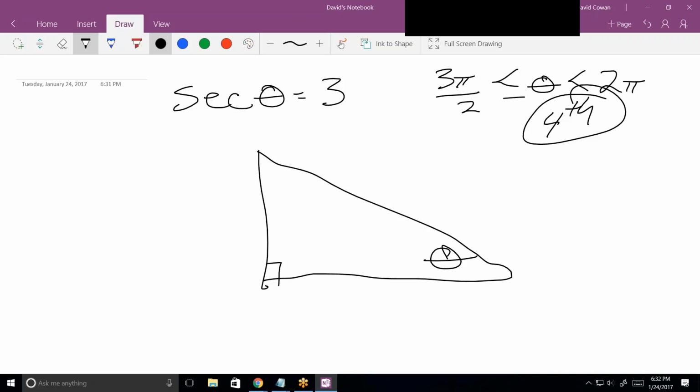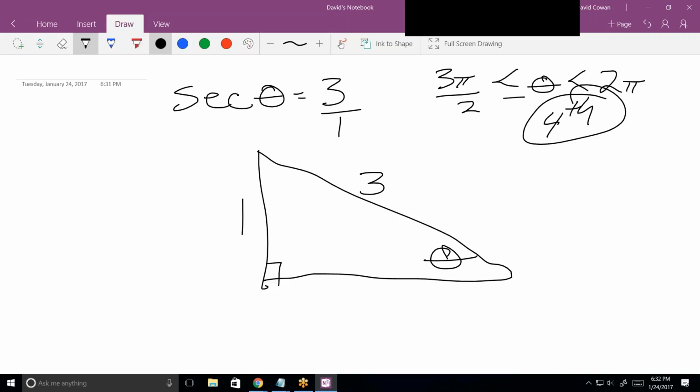Now, what dimensions can you give me on this triangle? Do you know the hypotenuse? They told you that the secant of theta was 3, which is the same as 3 over 1. Right. So the hypotenuse is 3. Okay. Which side is 1? The side opposite of theta. Nope. If that was 1, then the sine of theta would be 1/3.